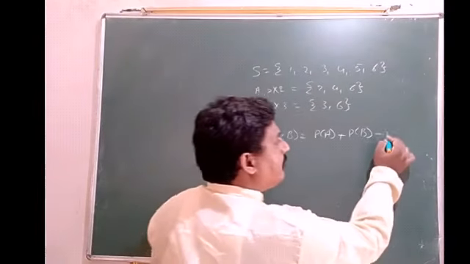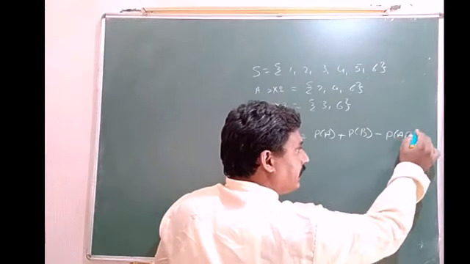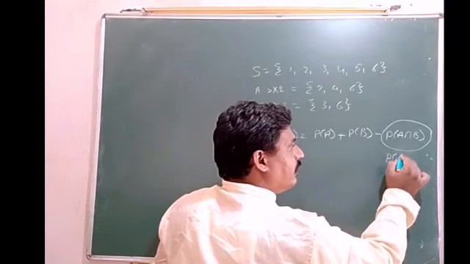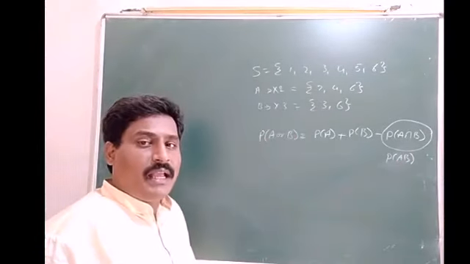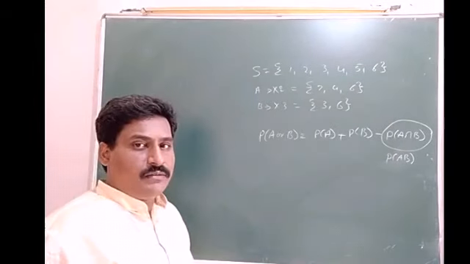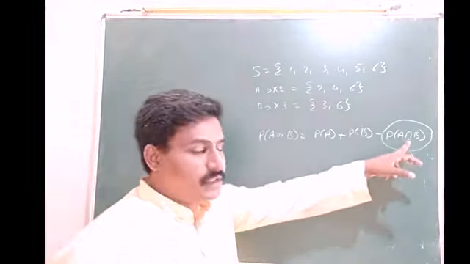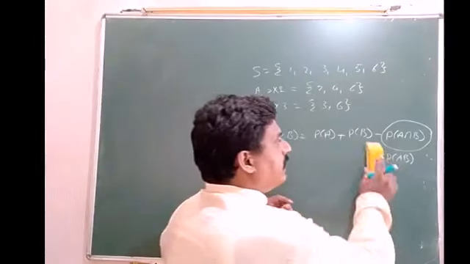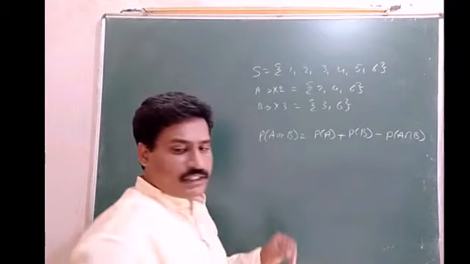You can also write this as P of A and B. Or means union or addition, and means intersection or multiplication. Remember that.